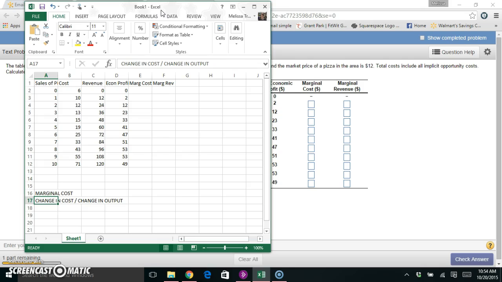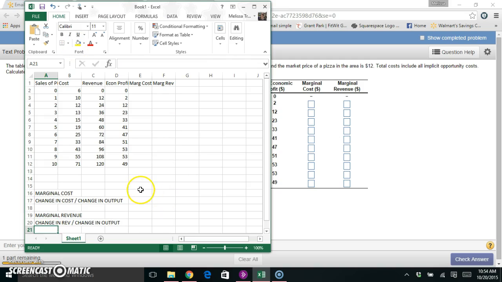Or for each output change, how much cost change do I have? And marginal revenue, very similarly, is my change in revenue divided by my change in output or production.